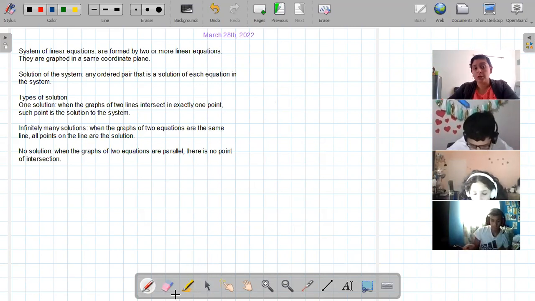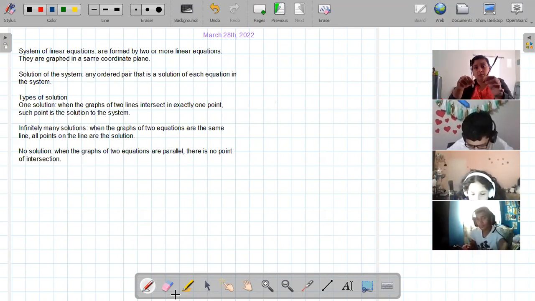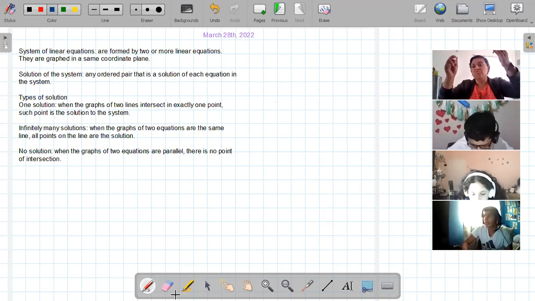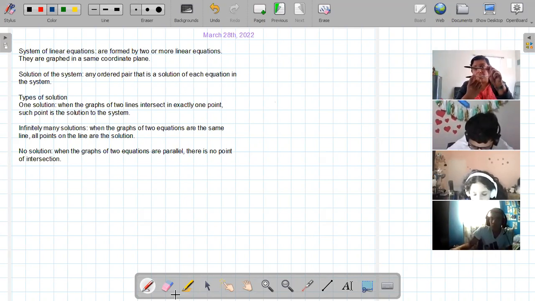And no solution is when the graphs of the two equations are parallel. We already know how to identify parallel lines. Remember, parallel lines have exactly the same slope, okay? So they're like this, or like this, or like this, or completely horizontal. It doesn't matter how, as long as they're parallel, it means that there is no point of intersection. This line will never touch, will never intersect this second line, never.